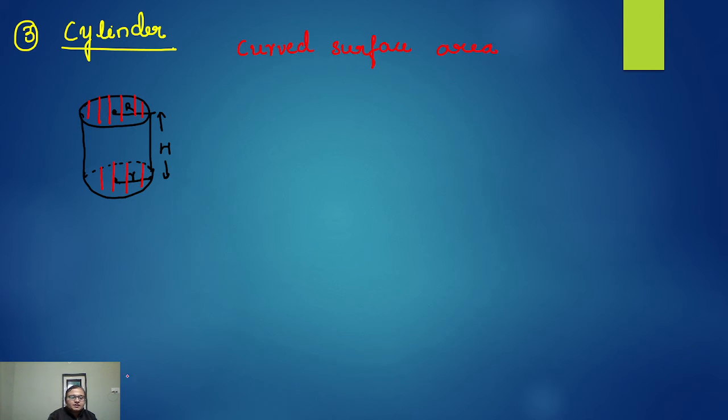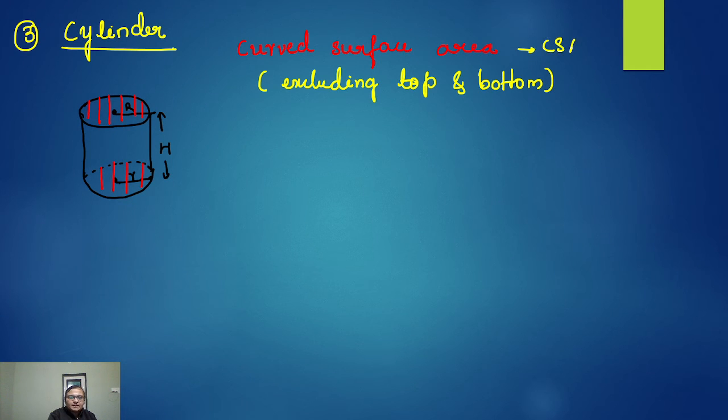Curved surface area is the same as lateral surface area, that is excluding the top and bottom of the cylinder.